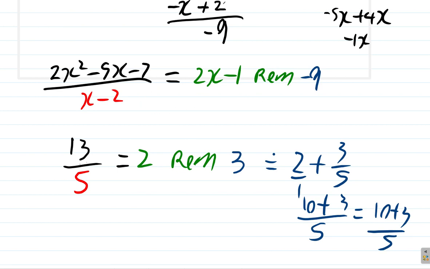Question is, could you do the same thing with this? Saying that it is equal to the 2x minus 1 plus the remainder. In this case, the remainder was 3 over the divisor 5. But in this case, the remainder is negative 9 and the divisor is x minus 2. So could that work? Let's see.